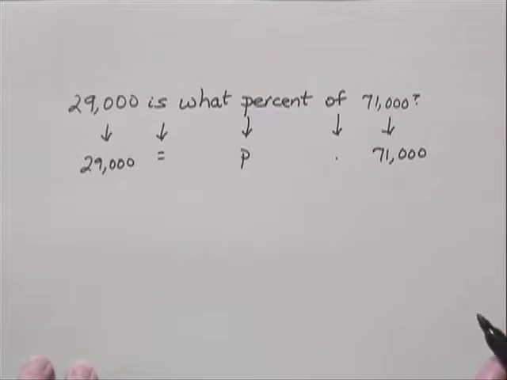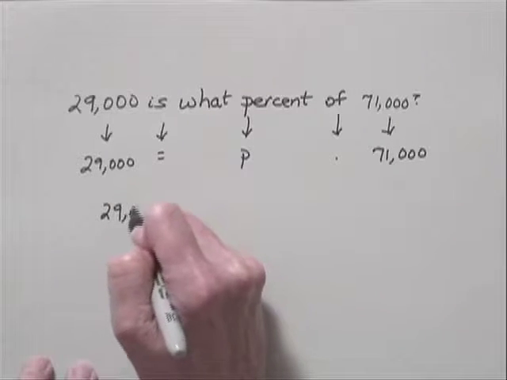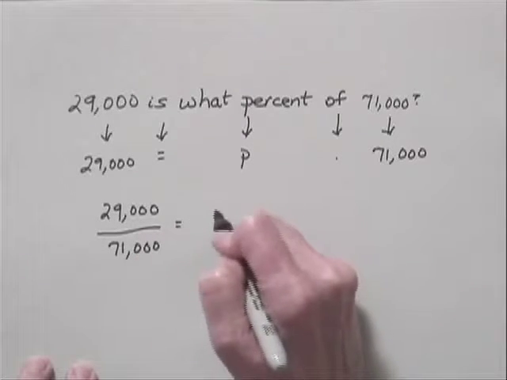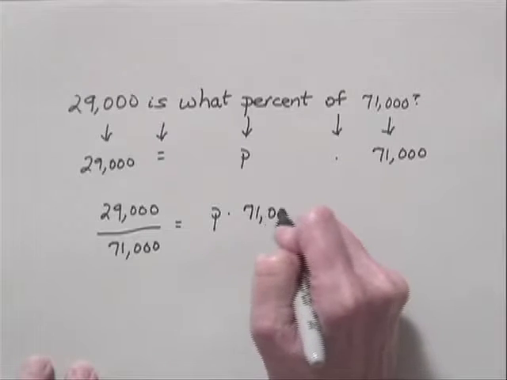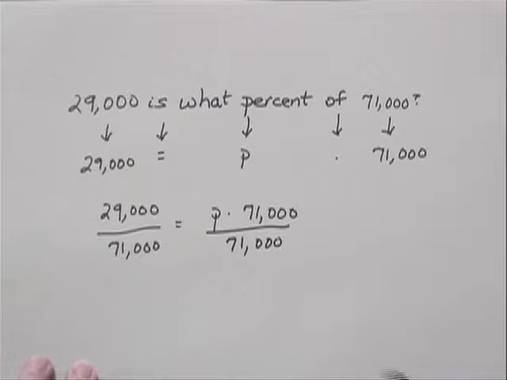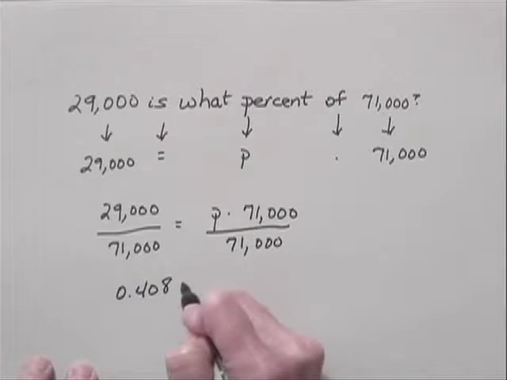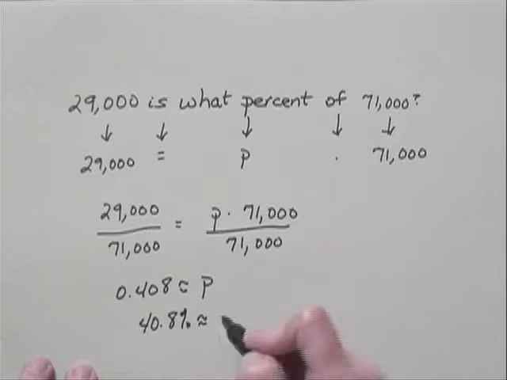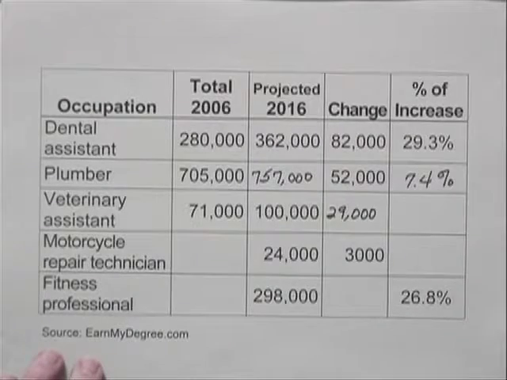And again, we can divide on both sides to find P. We would have 29,000 divided by 71,000 is equal to P times 71,000 divided by 71,000. On the left-hand side, when I do the calculation, I get 0.408 rounded to 3 decimal places. This is approximately equal to P. And writing percent notation, we would have 40.8% is approximately equal to P. So let's fill that in our table.